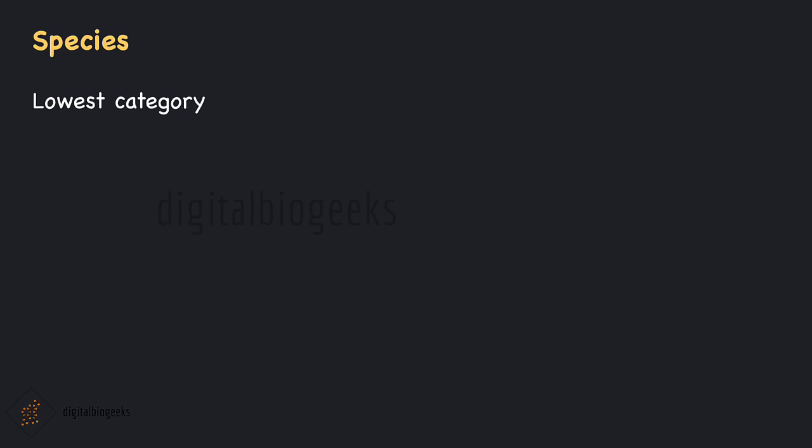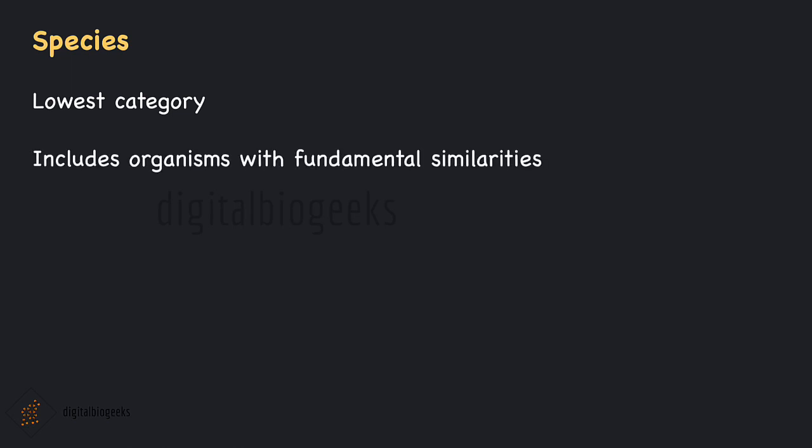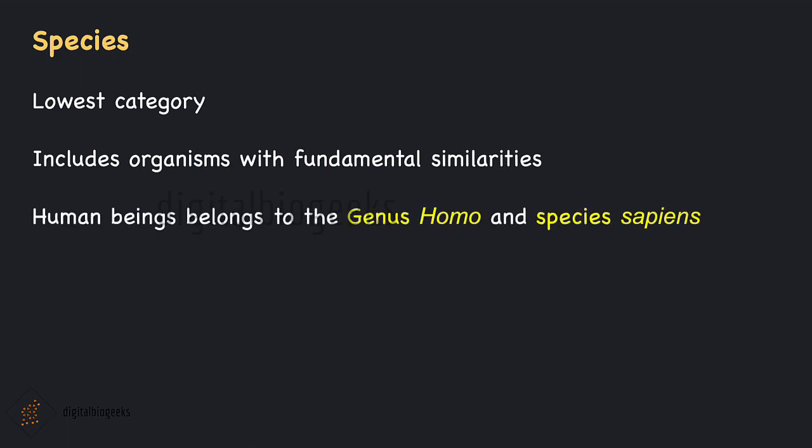This group includes organisms with fundamental similarities. Human beings belong to the genus Homo, but they belong to the species sapiens. That is why we got the scientific name Homo sapiens, where Homo is the genus and sapiens is the species.